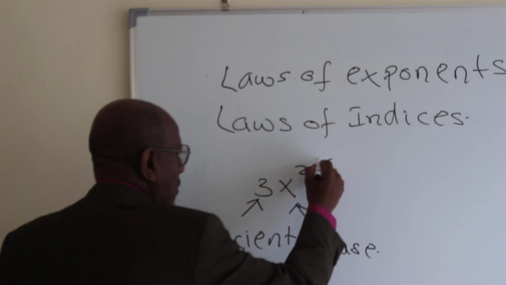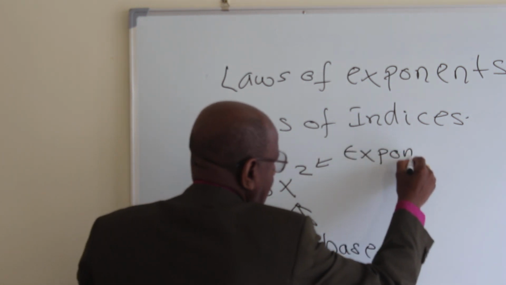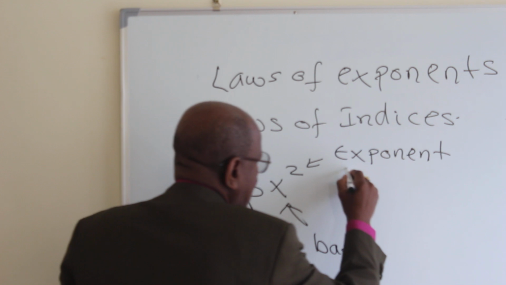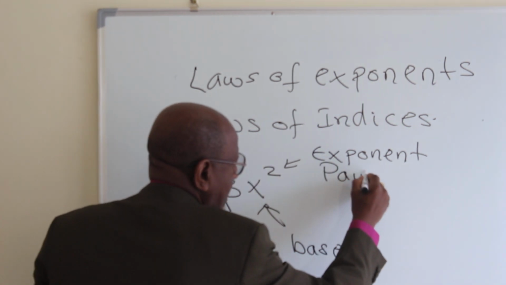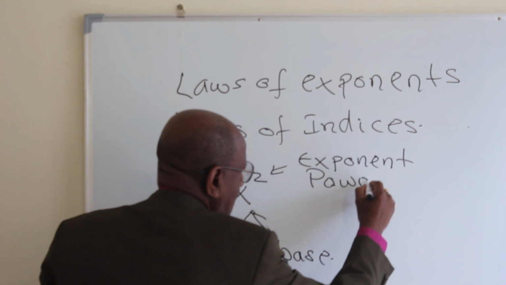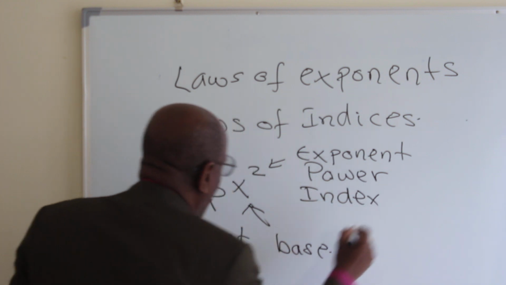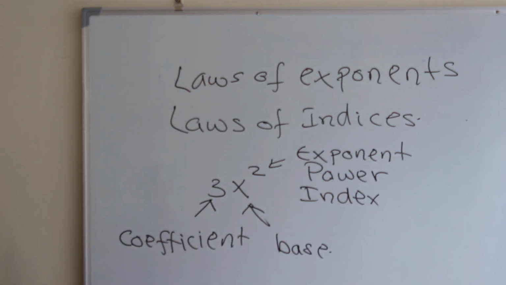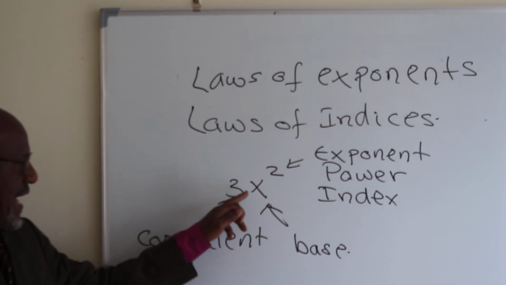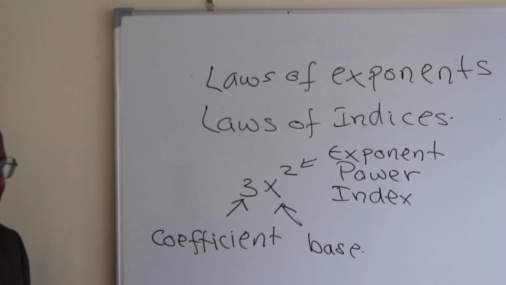And 2 will be called the exponent, or sometimes it's called the power, or the index. So 3 is the coefficient, x is the base, and 2 is the exponent, the power, or the index.